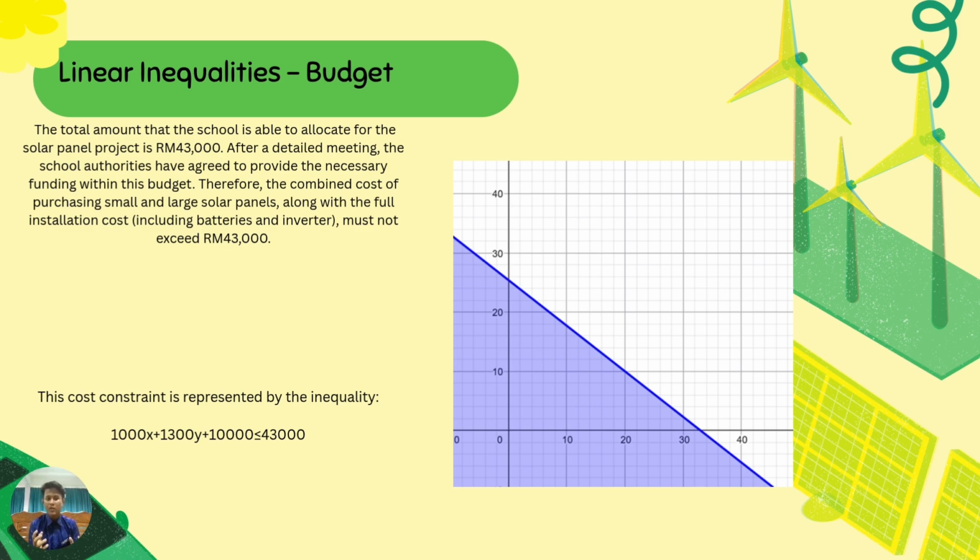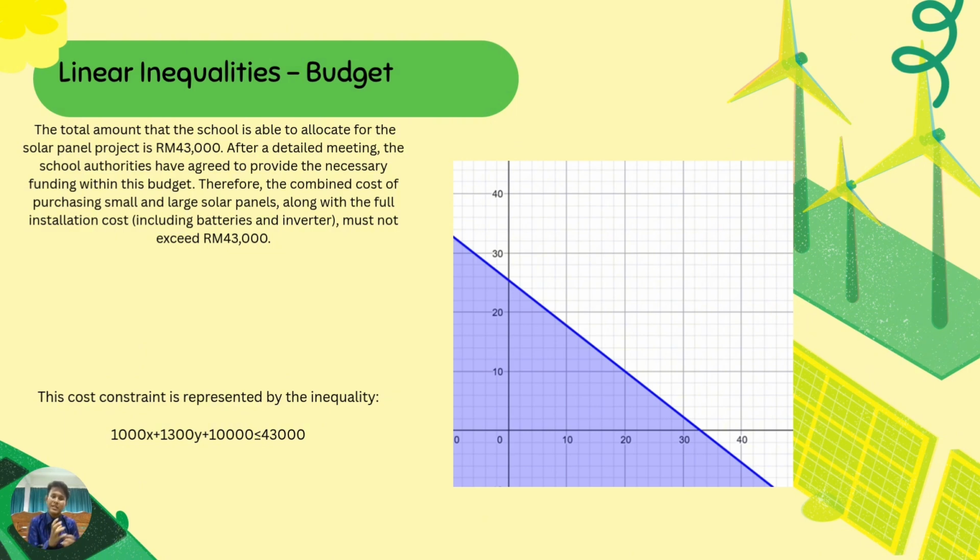So we go to the first item, which is a small solar panel, which costs 1,000 Malaysian ringgit per item, and a large solar panel, 1,300 Malaysian ringgit per item, and the full installation cost including battery and inverter, which is a huge cost, 10,000 Malaysian ringgit.